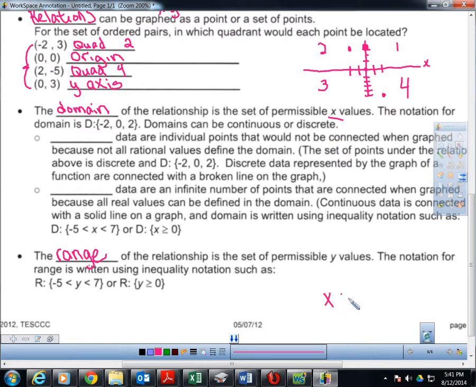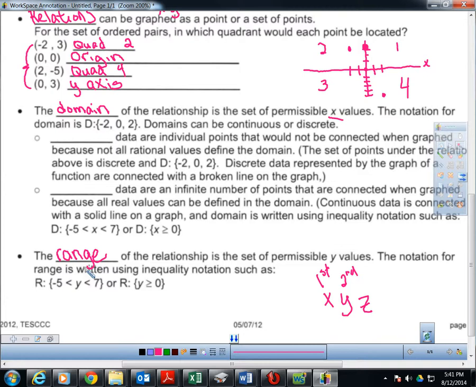We have x, y, z. X comes first, and then D comes first. Y comes second. Range comes further back in the alphabet than domain. So if that helps you, if you can come up with another way to figure that out, that's up to you, but you need to memorize it.